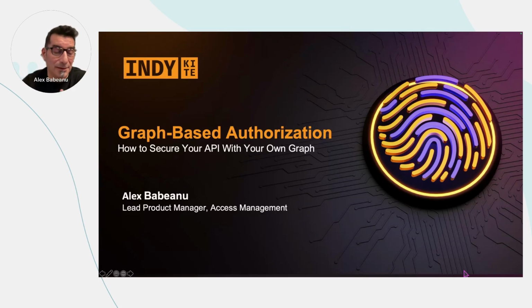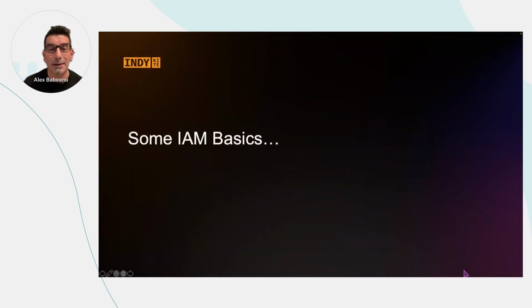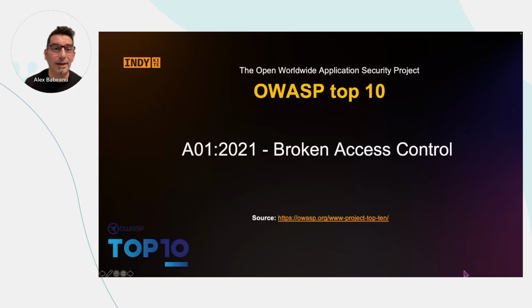So this is a developer conference for graph specialists. So I'm not too sure how much any of you know about IAM, or Identity and Access Management. So I figure I'd start by giving you some very bare basics so we can start on the same page. And a good place to start for a developer conference, I figured, was to look at the OWASP top 10 security issues.